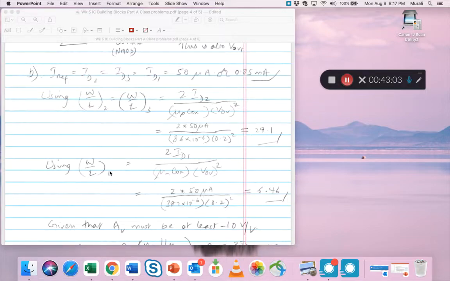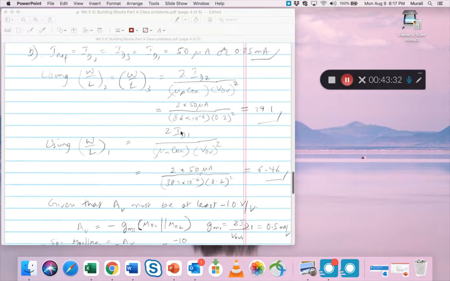It's similar to that idea of BJT, one transistor having bigger area than the other, even though they were both the same NPN transistors. Here they are different, NMOS and PMOS, but NMOS has a W by L of 6.46 while PMOS is 29, okay, using this formula.